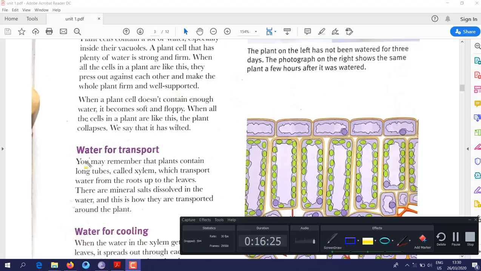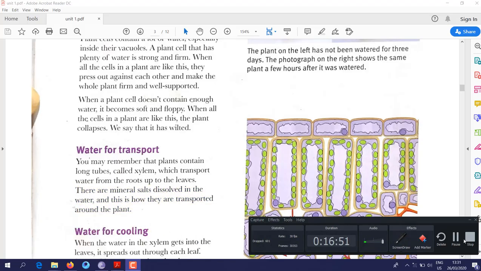So water will move up to the leaves. While the water is moving up to the leaves, there are mineral salts dissolved in the water, and this is how they are transported around the plant.